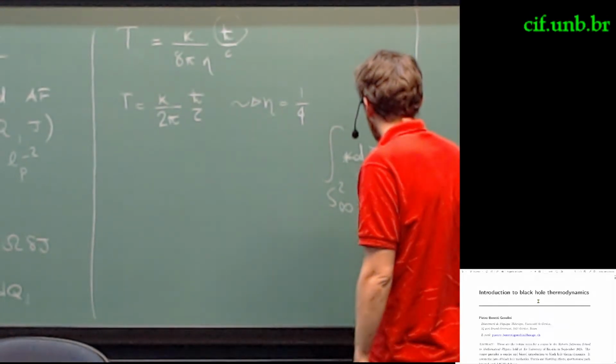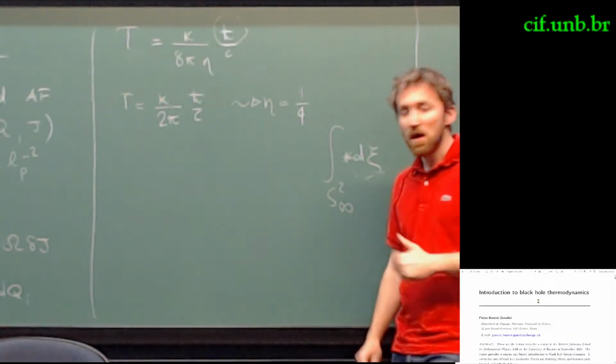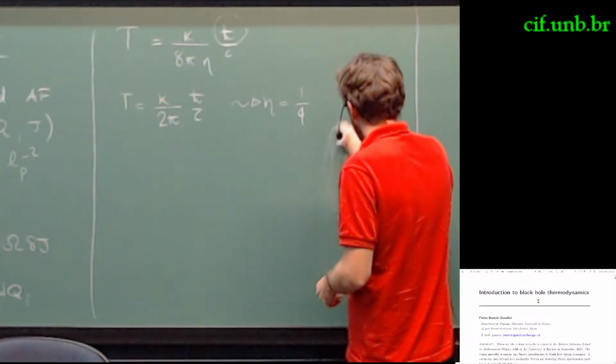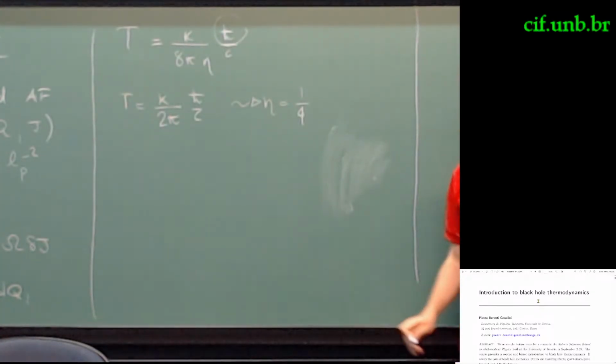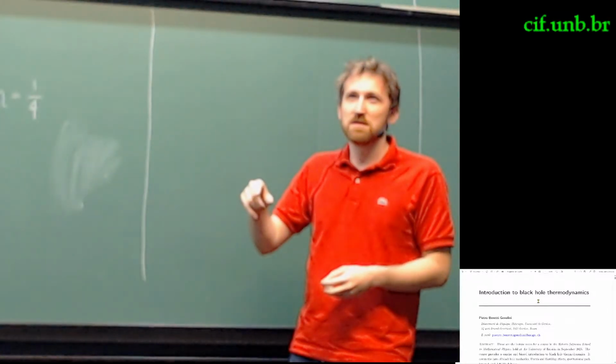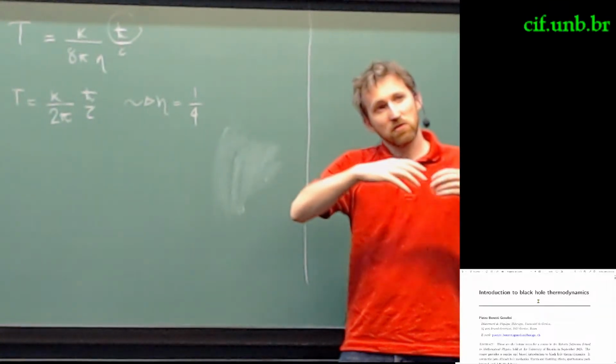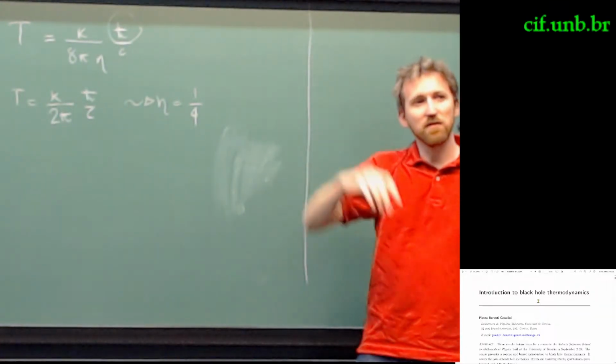This is one way. This is called Komar, after the person who came up with it. Or you can use the framework that I was using yesterday, which is called ADM, after Arnowitt, Deser, and Misner, and which is by comparison with the asymptotically flat space.